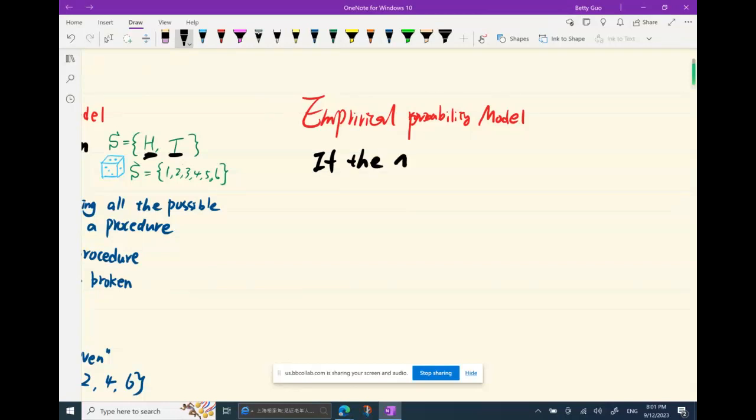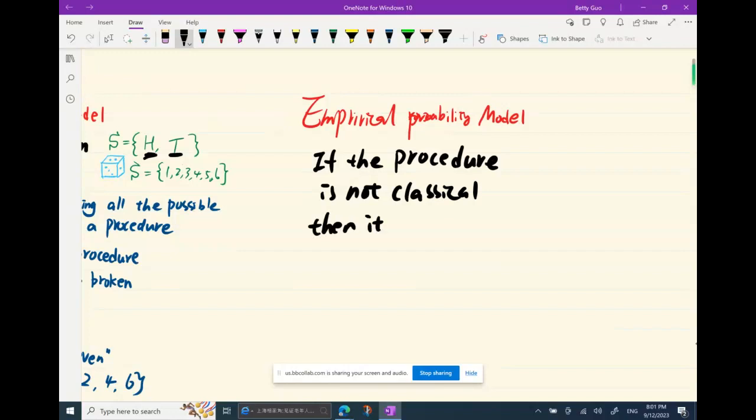If the procedure is not classical, then it's empirical.